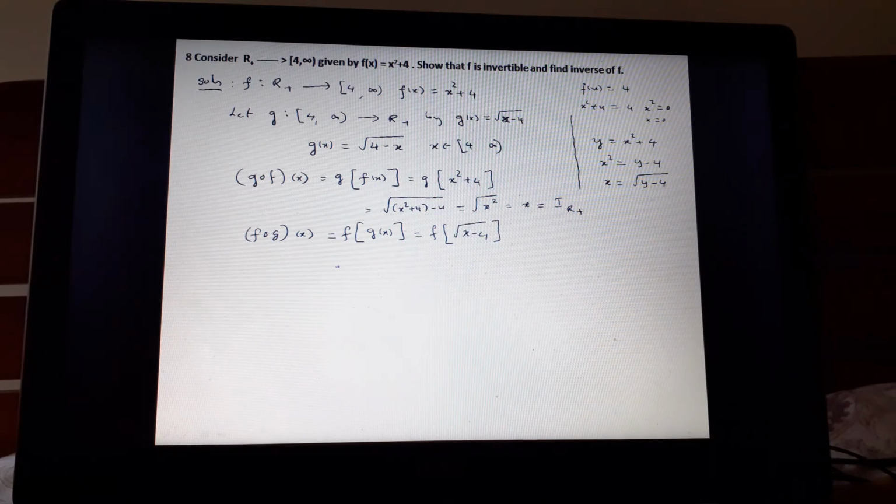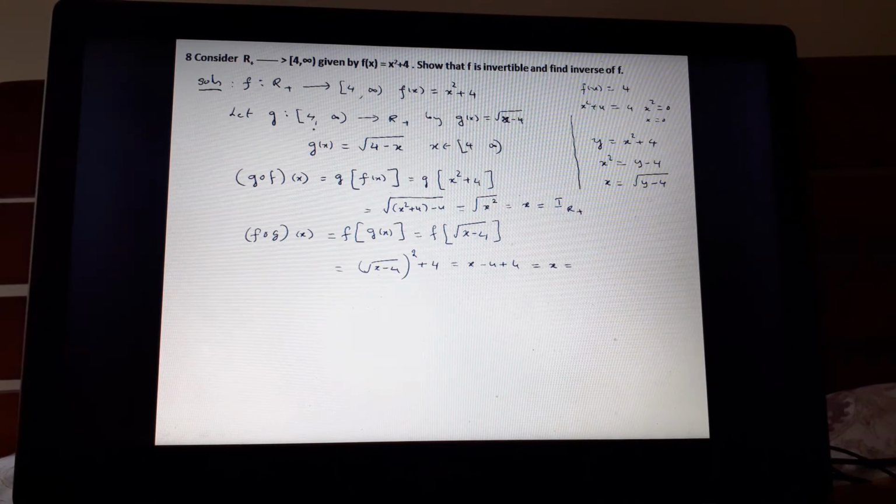Then f of x squares what is put in and then plus 4. That means here what I have to do is square root of x minus 4, then its square plus 4. So this will be equal to x minus 4 plus 4, which is x.